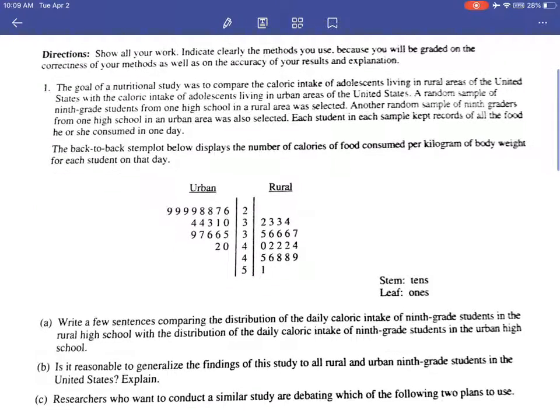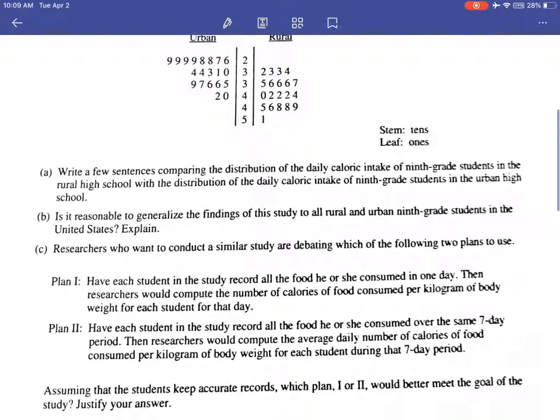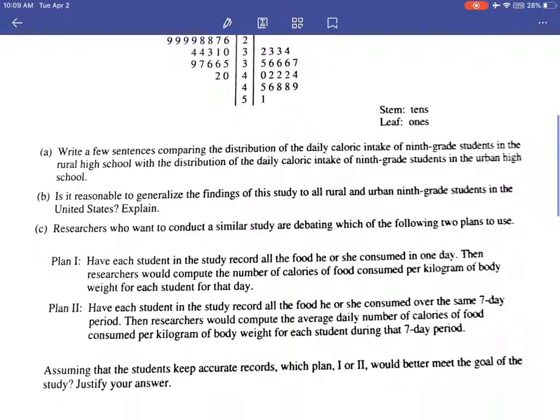So what I did is I put all those values into list one and list two in my calculator. I ran one variable stats, and then I wrote down summary stats that I wanted to use to compare. You want to write down one form of center and one form of spread. I ended up going with median and interquartile range just because it was a little bit easier.